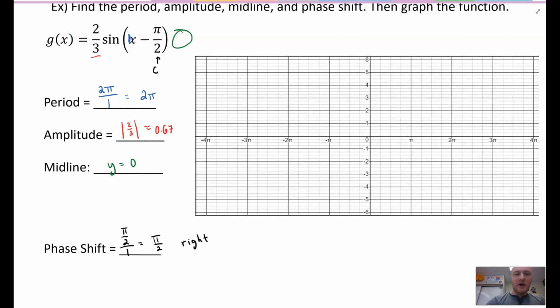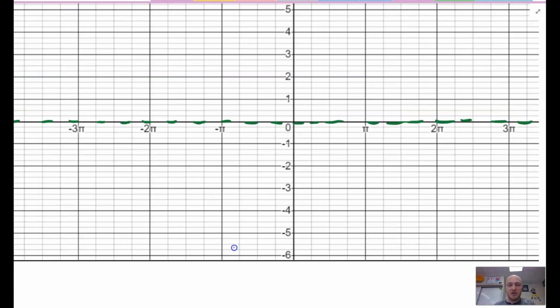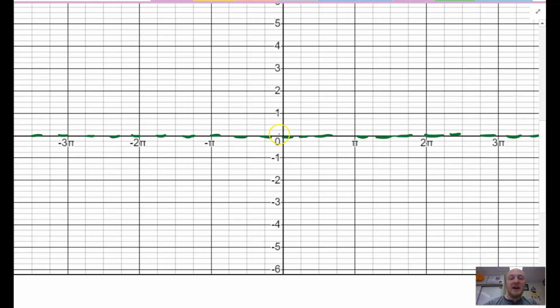So I have my midline. Let me get my guide lines going here. And then I'm going to graph my beginning point. This is a sine function, so normally I would start the parent function at (0, 0), but we have a phase shift.